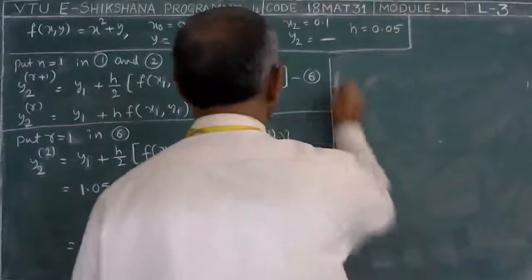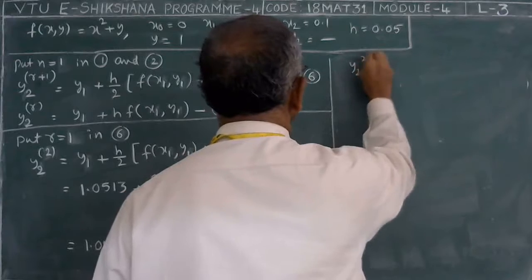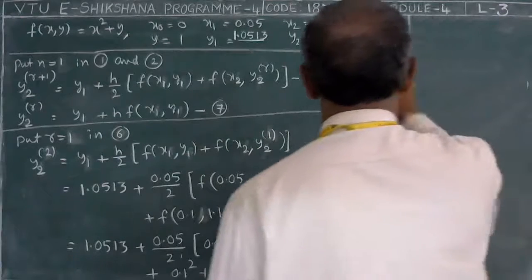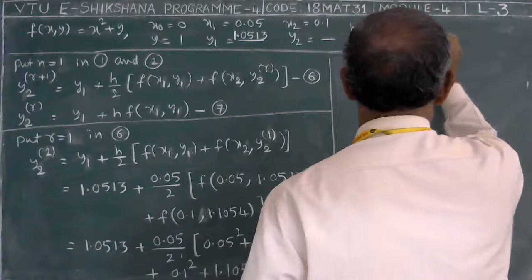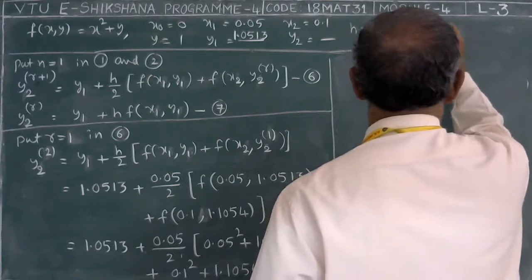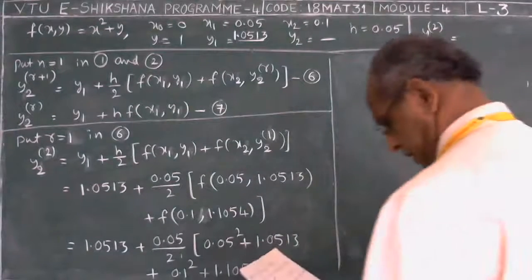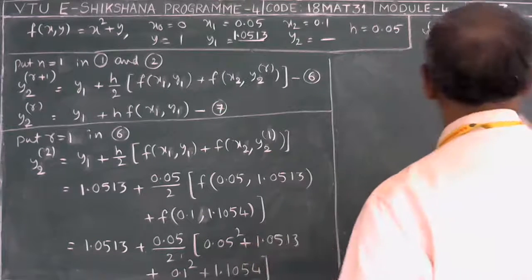If you carefully calculate, you get y22 equal to 1.1055.